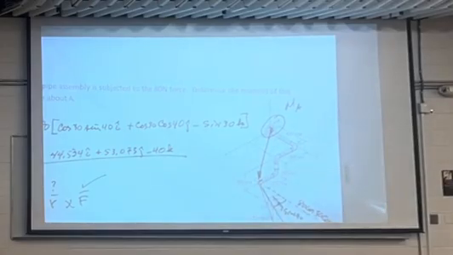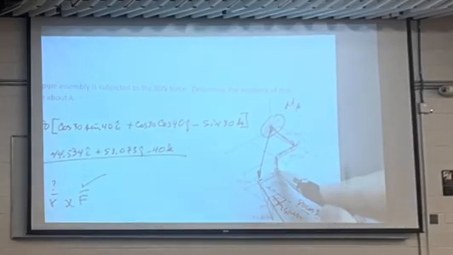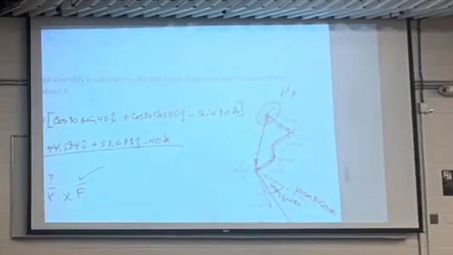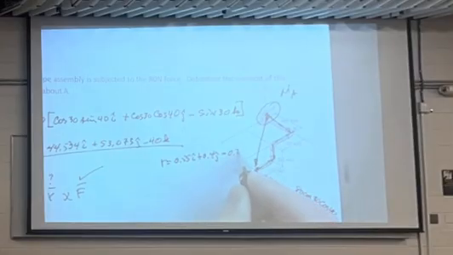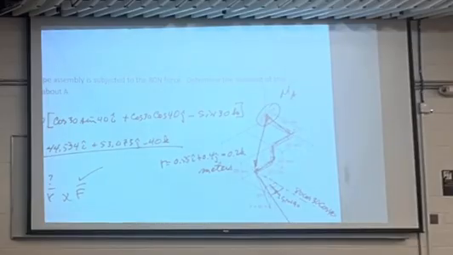Now, one way to get there is to go 400 in the Y, 300 in the X, downward 200 in the Z, and over 250 in the X. So really my R should be 0.55i plus 0.4j minus 0.2k. This is in meters. Everything shown there was in millimeters.